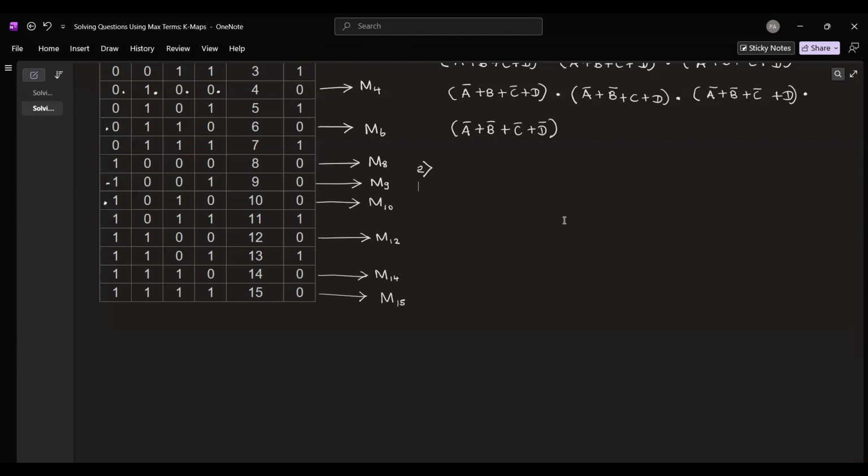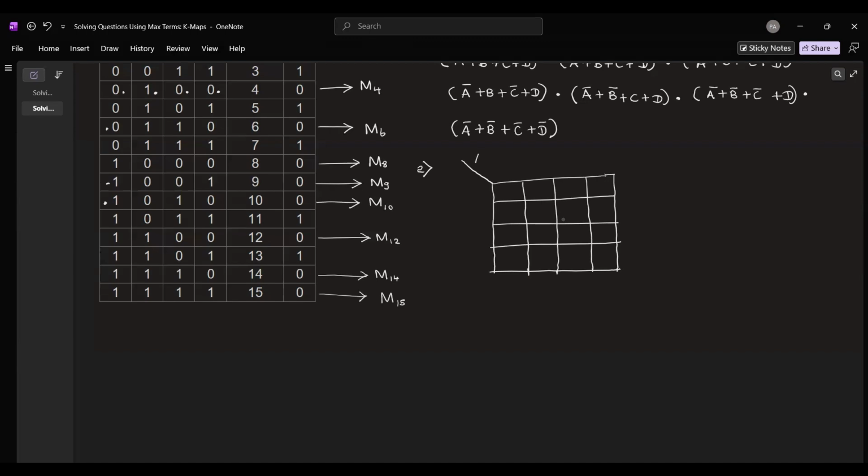Since we have 4 bits, we use a 4 by 4 square where we have 16 cells. And each cell represents a specific input combination. So let's draw the 4 rows and then the 4 columns. Now, what are we going to do? We are going to name the directions.